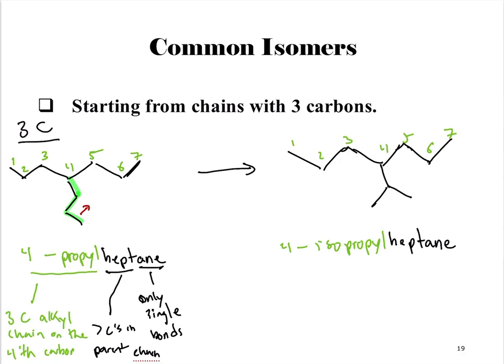Well, that wouldn't be, if we were to number it this way, it would give you the exact same molecule, right? So if I numbered it 1, 2, 3, 4, 5, 6, 7 like that, now we see that on the 4th carbon, which is still the same carbon, there's a propyl group coming out of there. So it would still be 4-propylheptane, because it's still a 7 carbon chain.